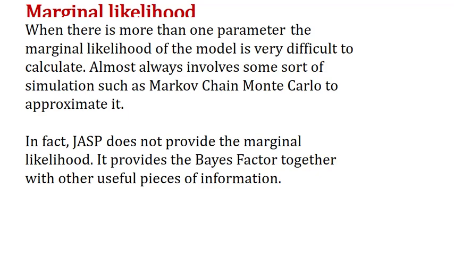In almost all the cases, it's impossible. Sometimes there are ways of calculating it. So we need some sort of simulation, such as Markov chain Monte Carlo, to approximate the marginal likelihood. And in fact, JASP does not provide the marginal likelihood. It provides directly the Bayes factor and also other pieces of information that I'm going to show.